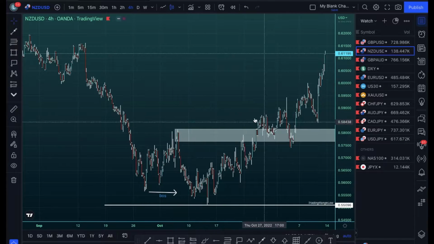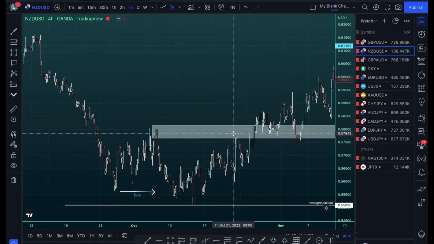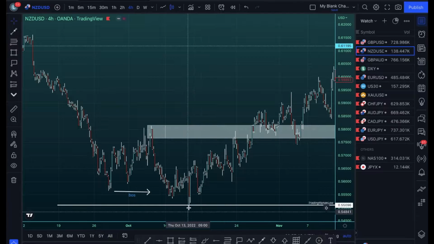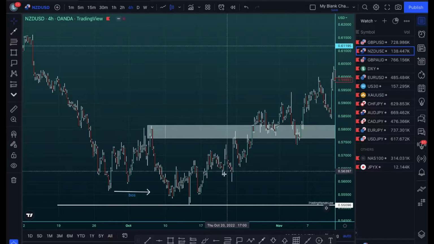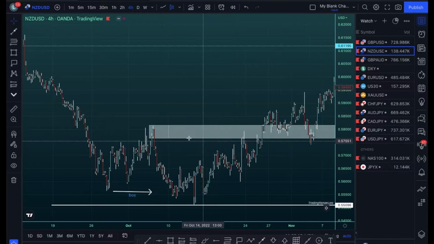You don't want to be trying to look for buys if price and structure is still bearish, right? You still want to be looking for sales. So I was looking for sales at this level here, but as you can tell, we had low, high, higher low, higher high, higher low, higher high, and then price just kept breaking right above structure, right? So we couldn't really get into sales right here.